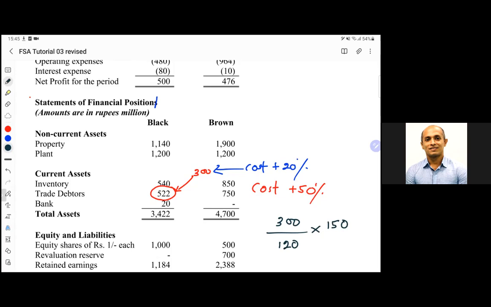So 300 is cost plus 20%. If the cost is 100, then 120. 300 is now equivalent to 120.